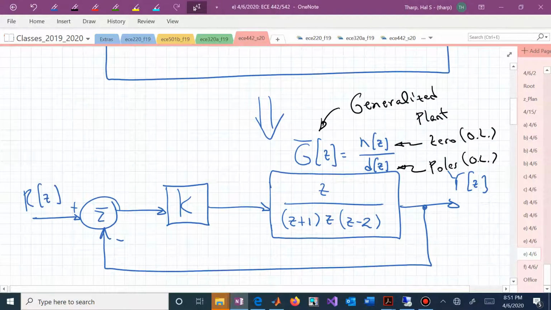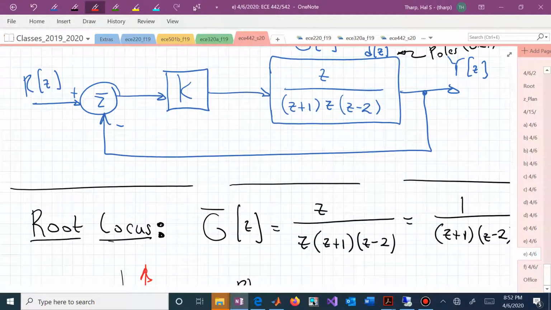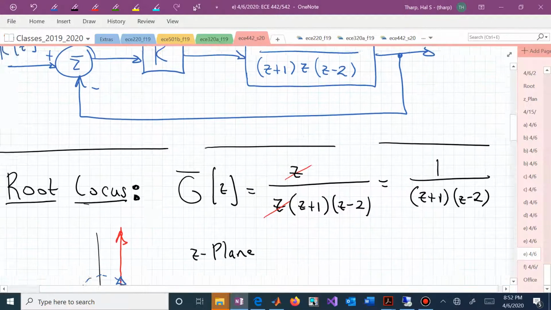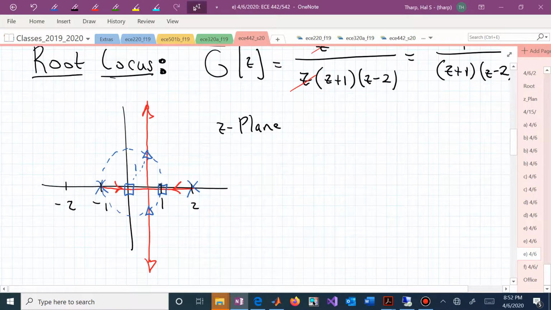And I think you can see almost immediately, I hope, that the factor in the numerator cancels the same factor in the denominator, and effectively then G bar becomes a two-pole generalized plant with one pole at minus 1 and one pole at 2. No finite zeros. We have two zeros at infinity. We now know what that diagram needs to look like.